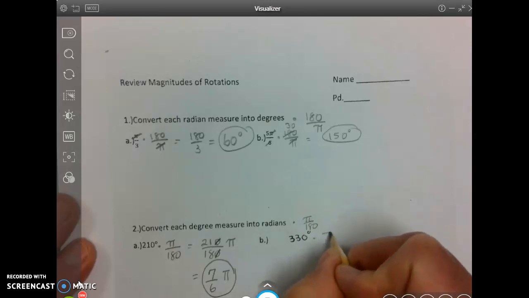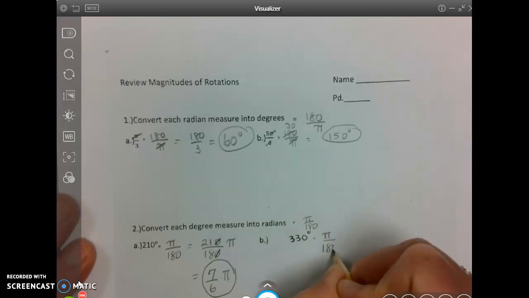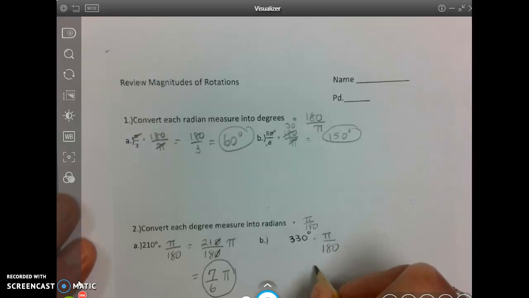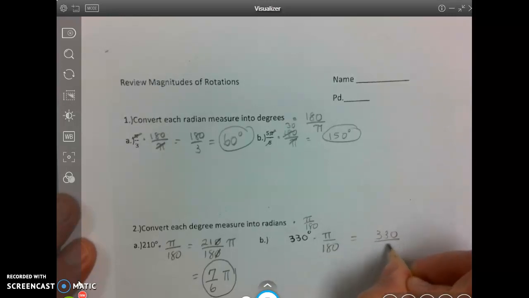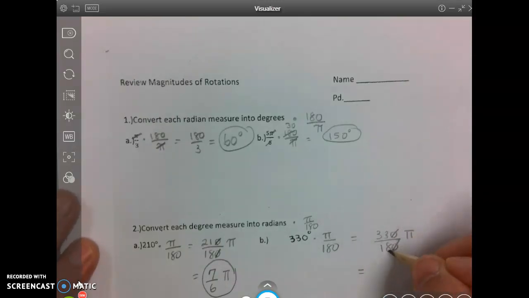Again, I multiply by pi over 180, and I'm left with 330 over 180 pi. I realize again, these can both be divided by 10. And then 33 and 18 can both be divided by 3. And I get 11/6 pi.